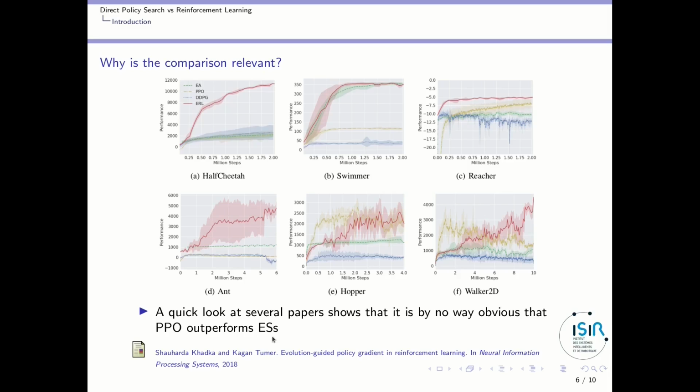So, for instance, in this paper, which is about the combination, I will go back to it in a later class. The system that the authors propose is the one with the red curve, and we won't focus on that. We will just focus on the comparison between an evolutionary algorithm, which is the green curve, and the PPO, which is the yellow curve. And you can see that, for instance, on swimmer, the evolutionary approach is far better than PPO.